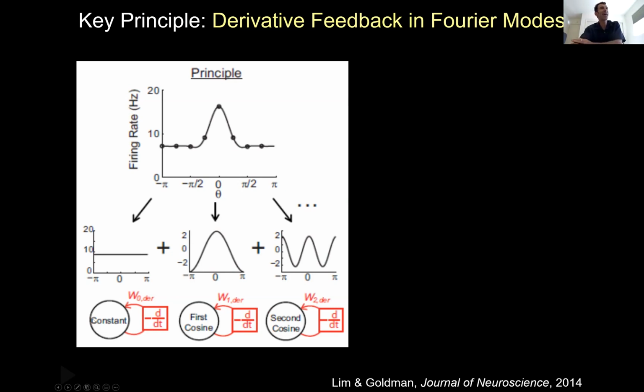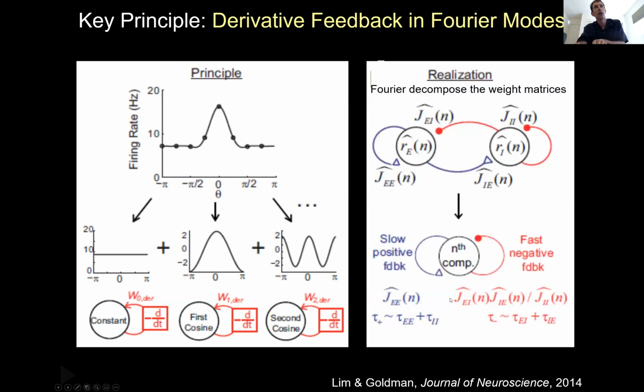And the idea is any component of activity that can be maintained is maintained by derivative feedback on that component. That, of course, leads to the question, how do you form this derivative feedback on the components? Without getting into the details, you do a Fourier decomposition on the weight matrices, so that any component of the weight matrix can be broken into its Fourier components.